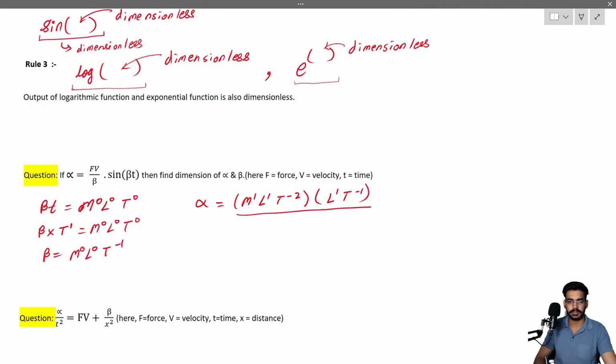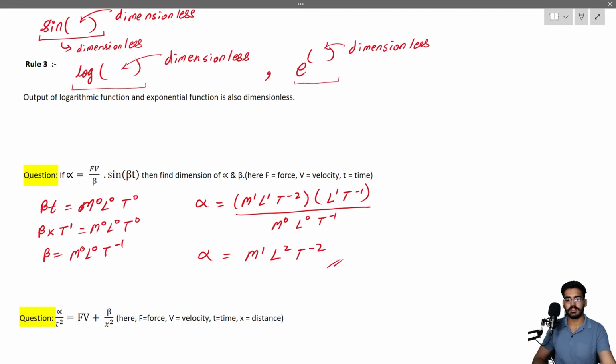Divided by beta. Beta we already calculated, so let's write down M0 L0 T to the power minus 1. So what did the dimension of alpha come to? Alpha is equal to M1 L2 T to the power minus 2, right? You can cancel out the powers here. So M1 L square and T to the power minus 3 divided by minus 1, so minus 2. So these are your dimensions of alpha and beta.